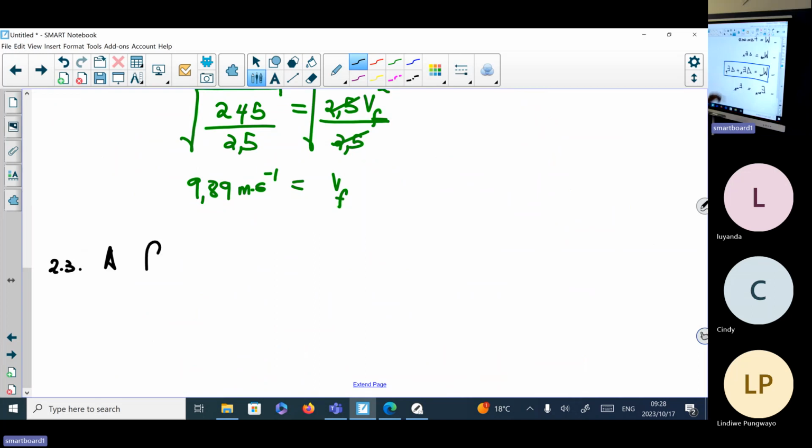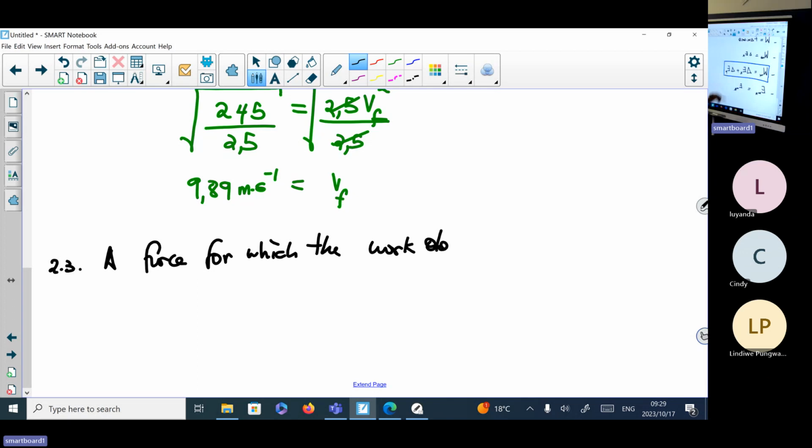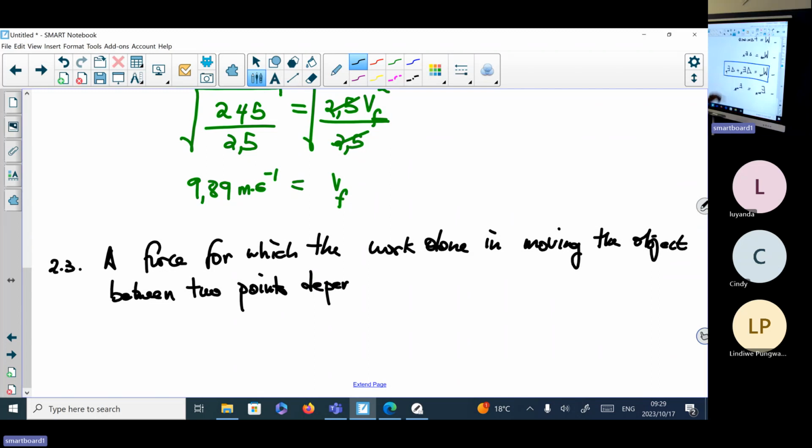Non-conservative force is a force for which the work done in moving the object between any 2 points depends on the path followed by the object. So that is what you're going to be doing.